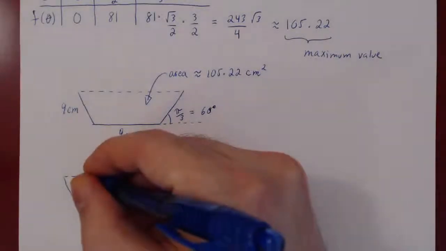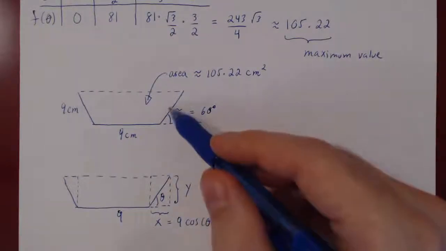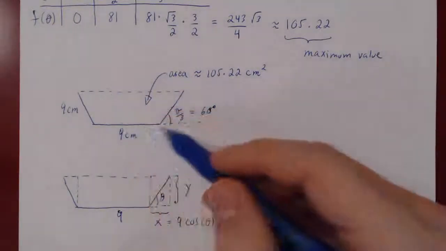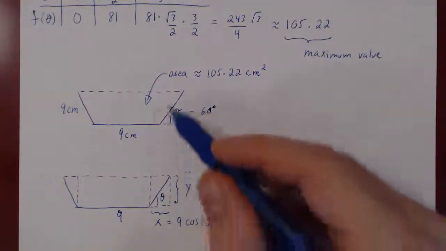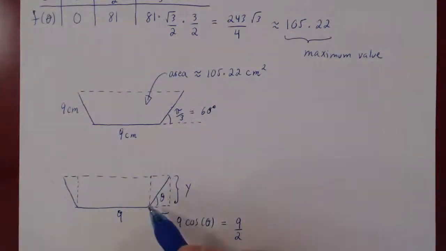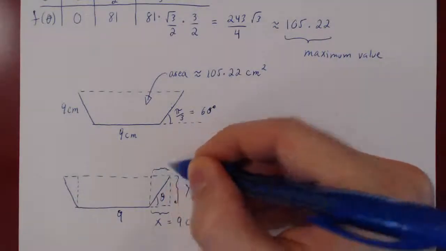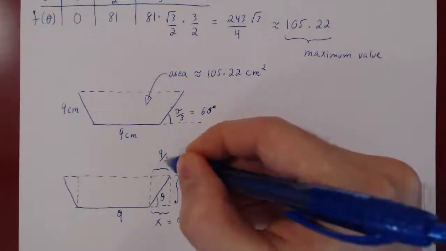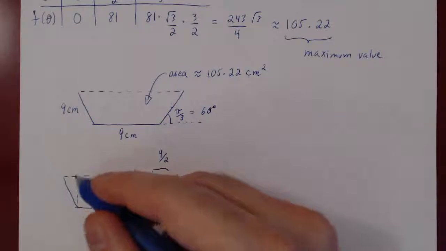And the picture is perfectly symmetric at both ends. So you see that when we choose the angle to be pi over 3 at the base, the area is maximized. And that's when x is 9 over 2. So this right here is 9 over 2. By symmetry, you have the same triangle here. This is also 9 over 2.